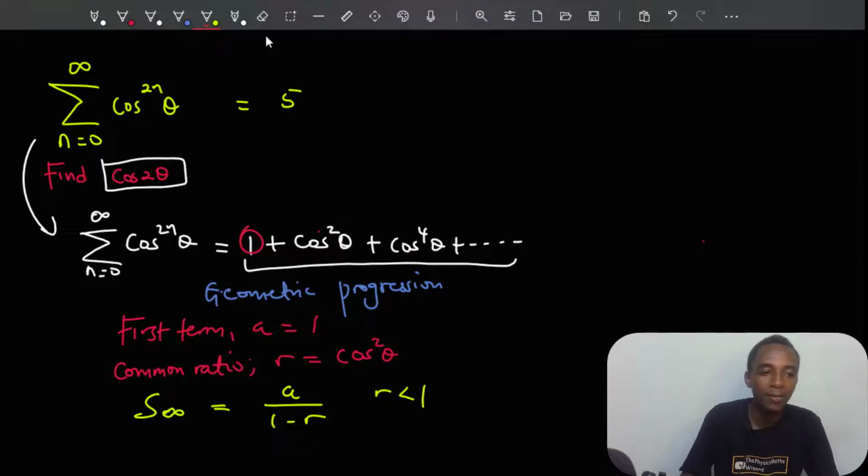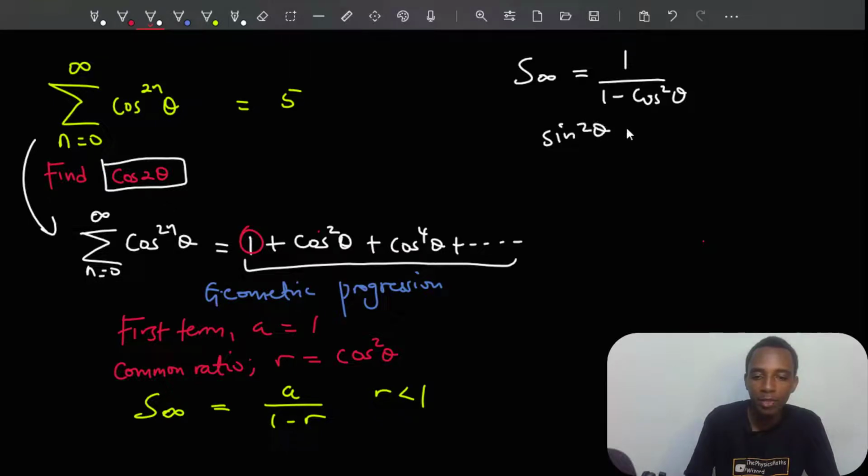So let's go ahead and find that sum to infinity for this geometric progression here. The first term is A, which is 1, divided by 1 minus R, that's 1 minus cos squared theta. But we actually know that sine squared theta plus cos squared theta is 1, which means 1 minus cos squared theta is actually sine squared theta.